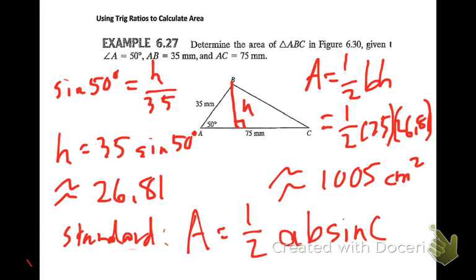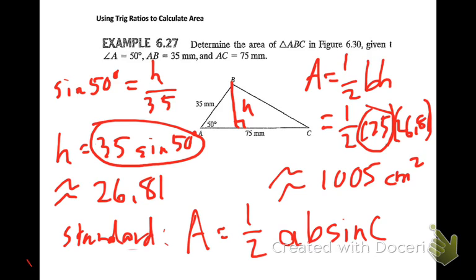We found this is your B sine C, and the 35 would be your A, right? So it's 1/2 AB sine C.